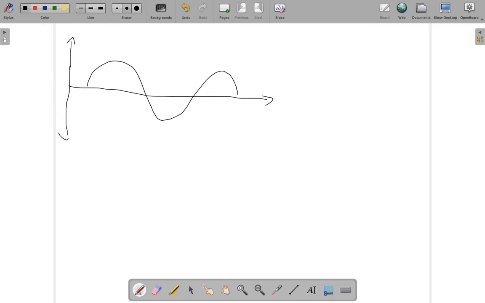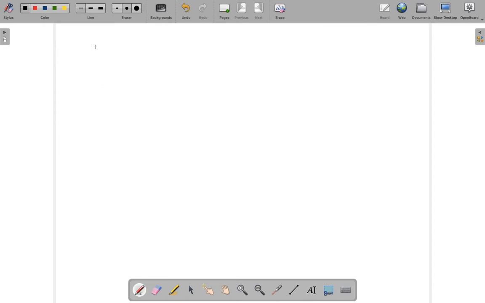Because of that, we can't simply do max current plus min current over 2 to find the average. Instead, we have to make use of root mean square, or RMS. So our root mean square for current is the maximum current over root 2.